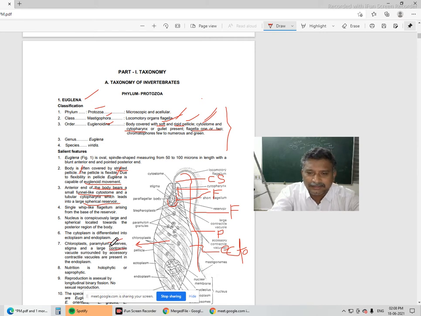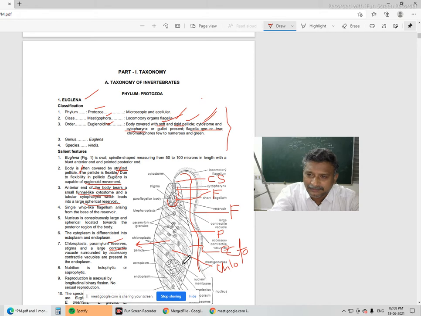So based on all these characters, which one is it? This one. So the presence of chlorophyll, this is called a chloroplast. All of you please remember.